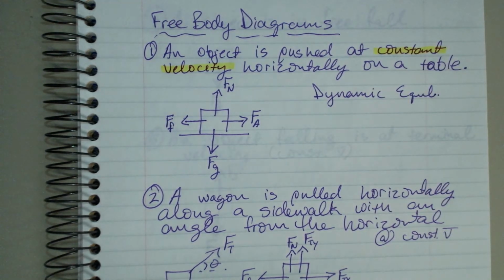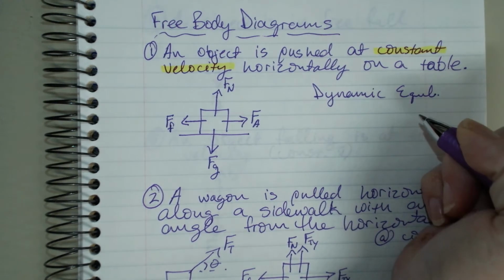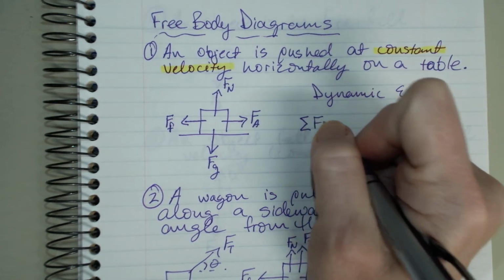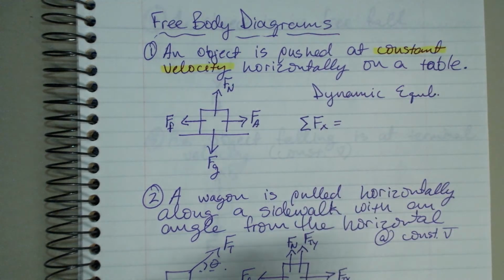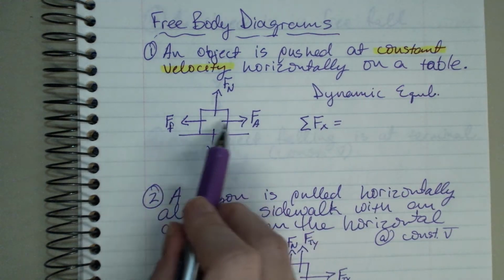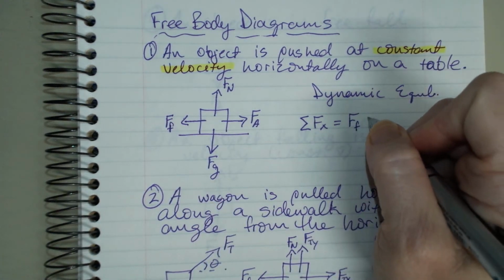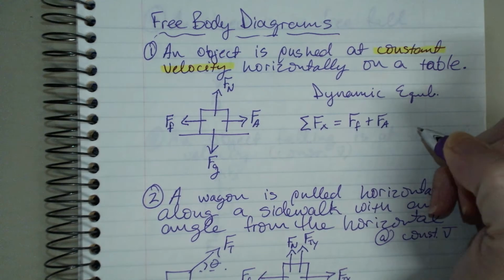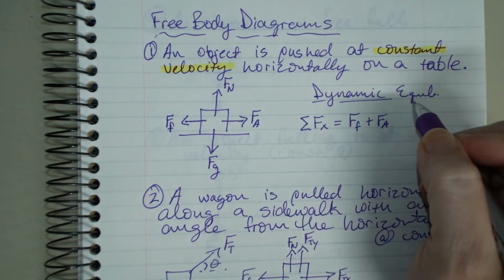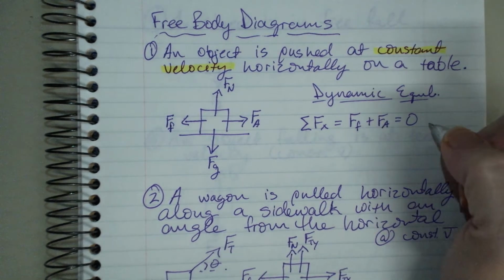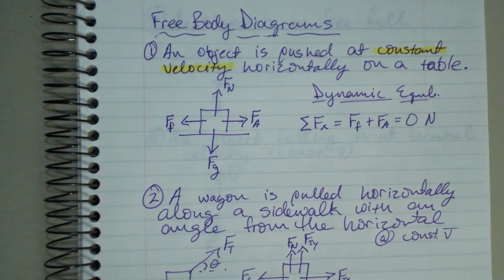If it's in dynamic equilibrium, then the sum of our net force in any direction is equal to 0. So we have to do net forces in the x and in the y. Your net force in the x direction is everything in the horizontal plane, so that's our friction plus our force applied, and because it's in dynamic equilibrium, that equals 0 newtons.